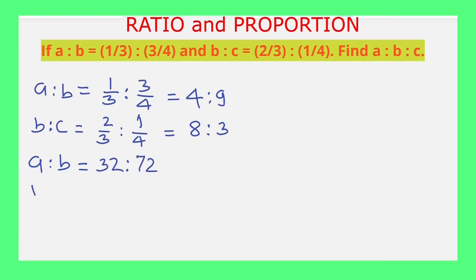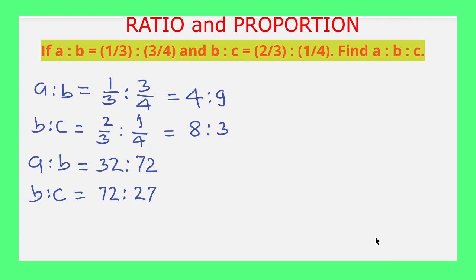And in B ratio C, when we multiply both the numbers by 9, we get 8 times 9 is 72. Ratio 3 times 9 is 27. So A ratio B is 32 ratio 72, and B ratio C is 72 ratio 27.